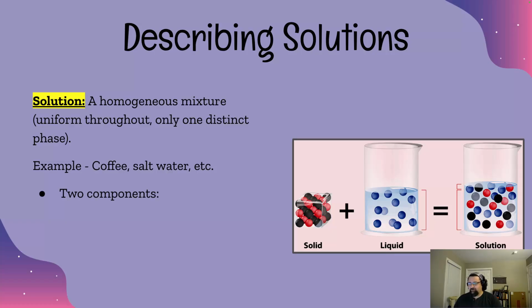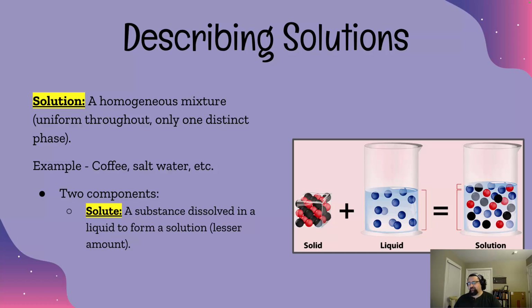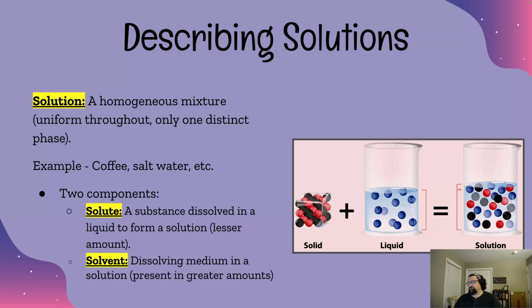solution. Okay, and so there are two components to a solution, and that is the solute, which is the substance that is being dissolved in the liquid, and the solvent, which is the dissolving medium. So the solute would be the salt, while the solvent would be the water.